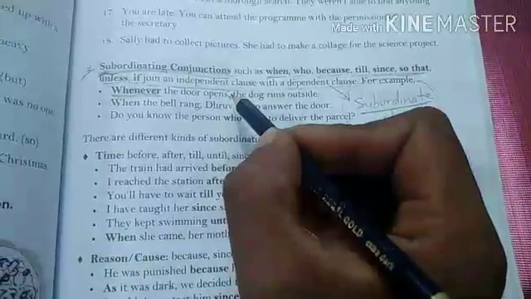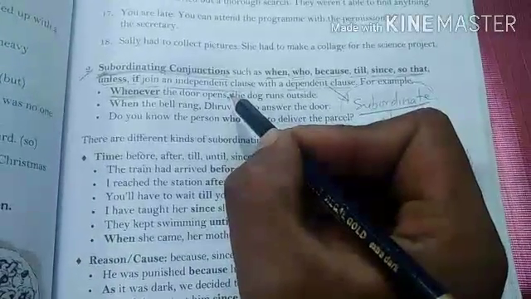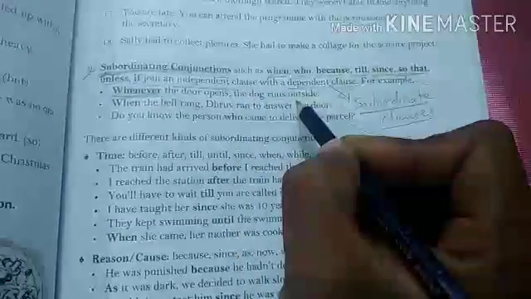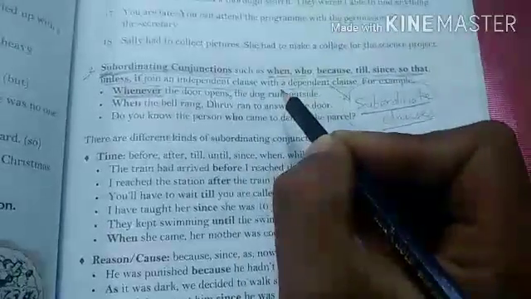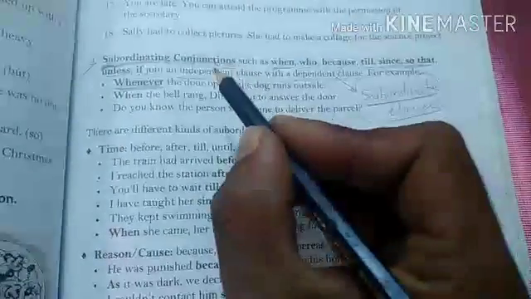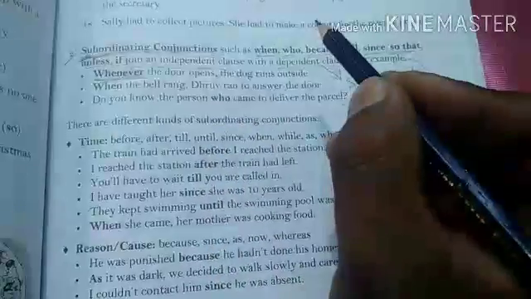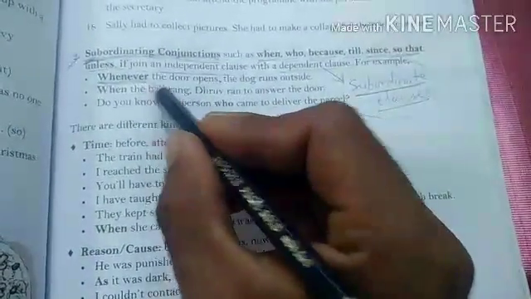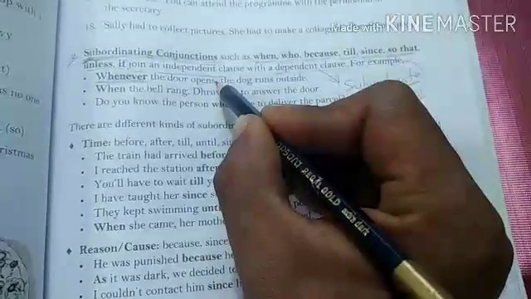That means between the subordinate clause and the independent clause. Okay, अगर हम डिपेंडेंट क्लॉज को आगे रखेंगे और इंडिपेंडेंट क्लॉज को पीछे रखेंगे तो हमें डिपेंडेंट क्लॉज और इंडिपेंडेंट क्लॉज के बीच में हमें कॉमा लगाना है.